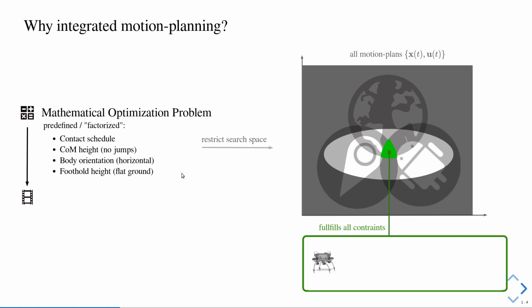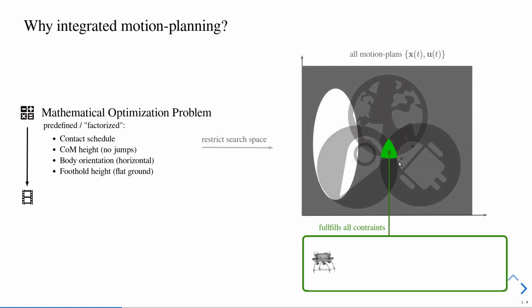However, what we have to keep in mind is that we do not know in advance where this green feasible area is of motion plans that fulfill all our constraints. That's the whole reason why we're using optimization. So if we restrict the search space to an area like this that encompasses the green area, that's totally fine. But what could happen as well is that we actually restrict the search space to an area like this.